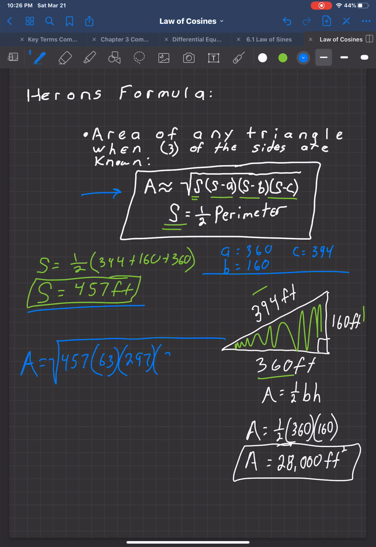Again, it might be a little bit out of order because when I did it, I may have called A or B or C something different, but that's okay. We're here at this stage. So we grab our calculator. The square root of 457 times 63 times 297 times 97 is, believe it or not, I have no idea.